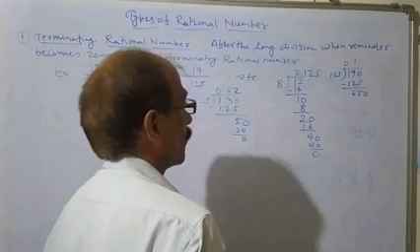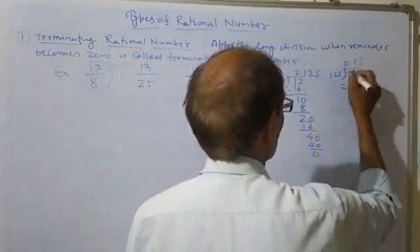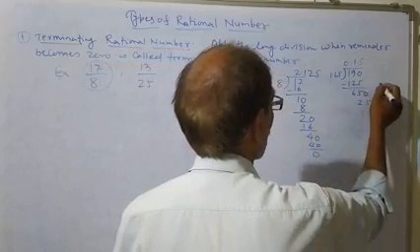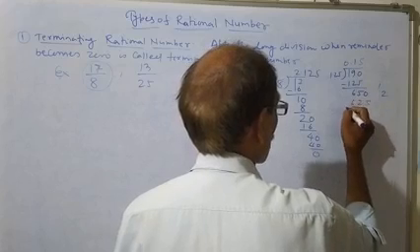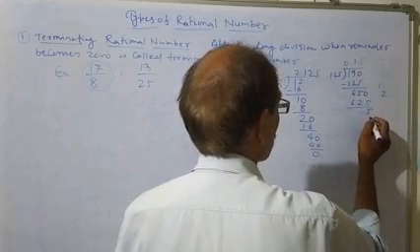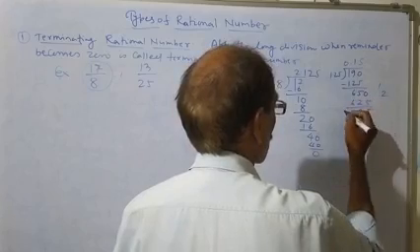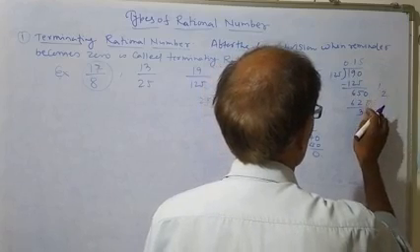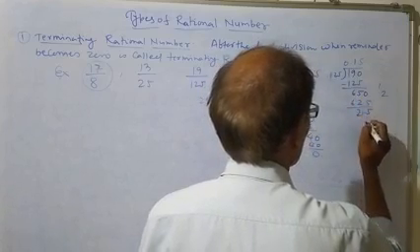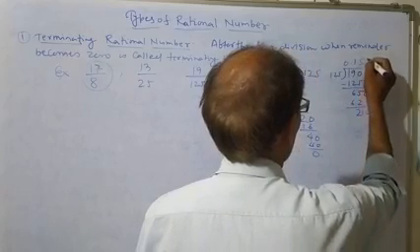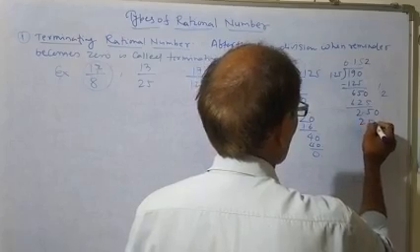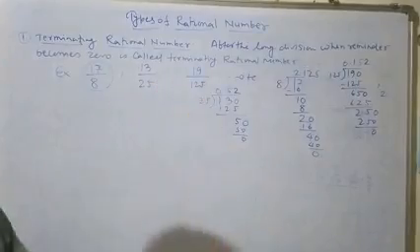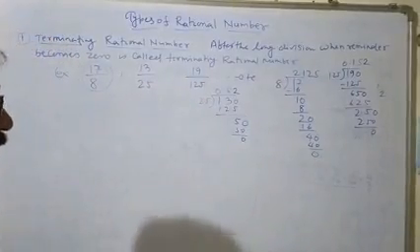Read the table. 1 5 ja 5 times. 5 5 ja 25, 2 carry. 5 2 ja 10, to 12. 1 carry. 5 1 ja 5. 625. Again 0, 250, the remainder will be 0. So we say that these rational numbers are terminating rational numbers.